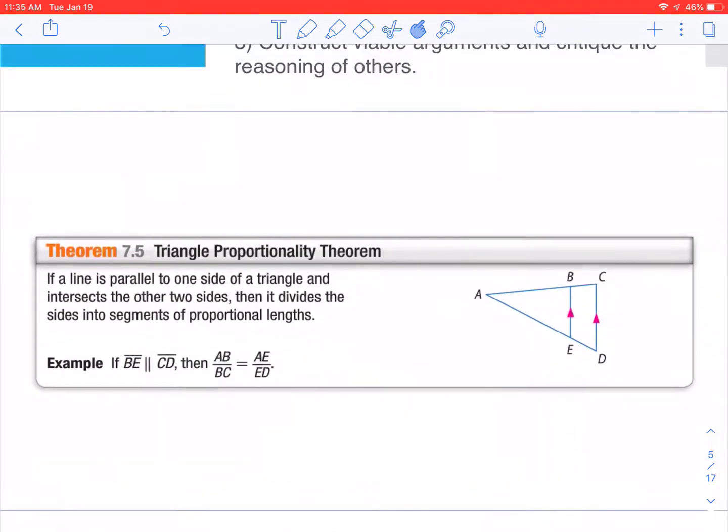So here's our triangle proportionality theorem.